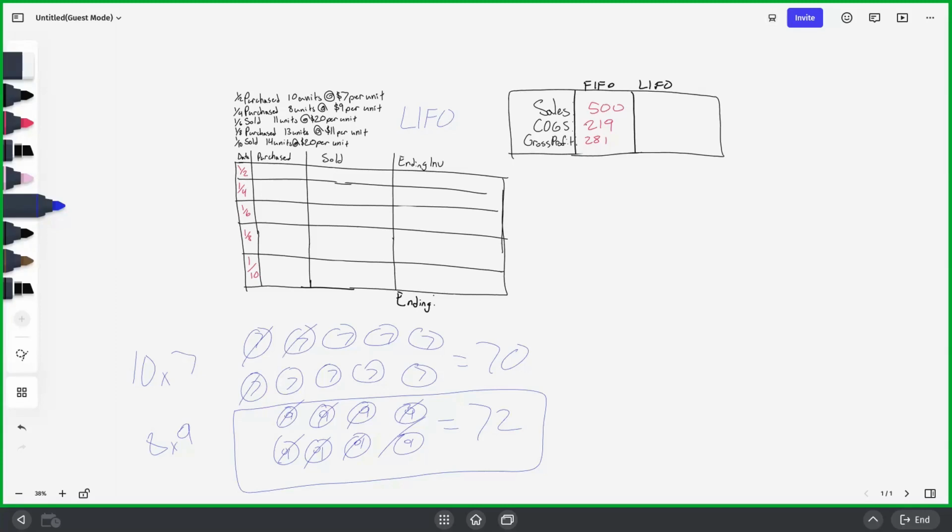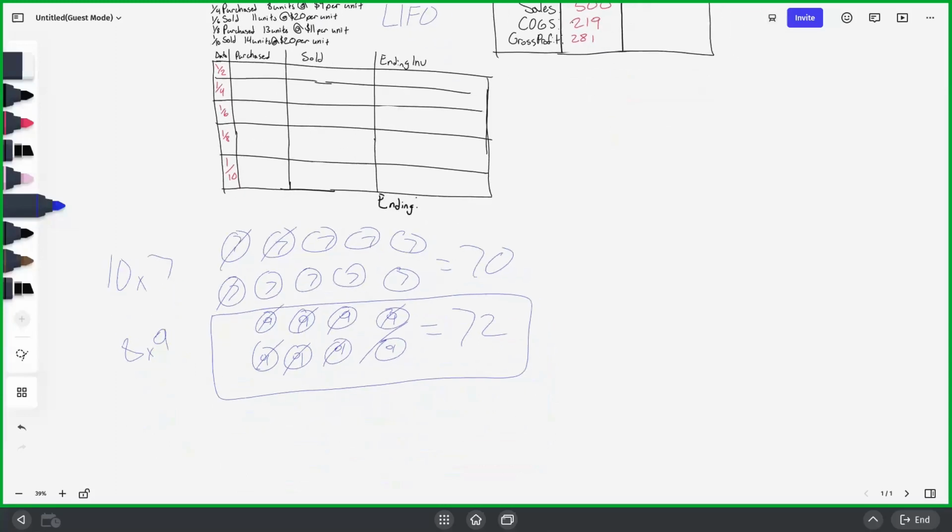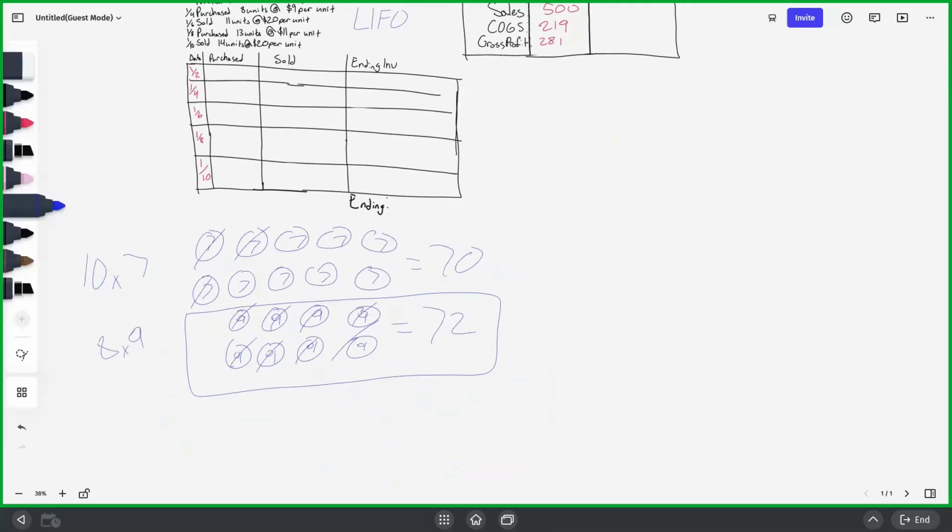This is also why we organize in this way. For example, let's say we had 6 at 7, 4 at 9, 5 at 11.